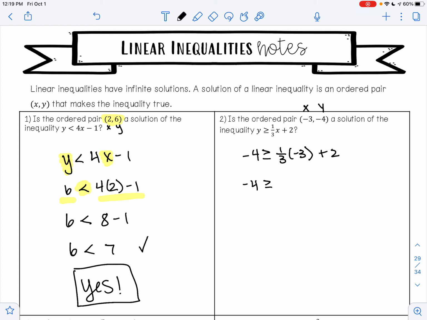Well, 1/3 times -3 is -1. -1 plus 2 is 1. So now we need to figure out, is -4 greater than or equal to 1? No, it's not. -4 is smaller than 1. So this point is not a solution to this inequality.